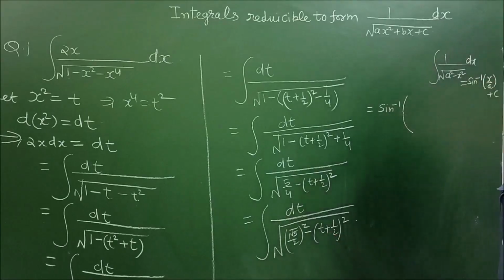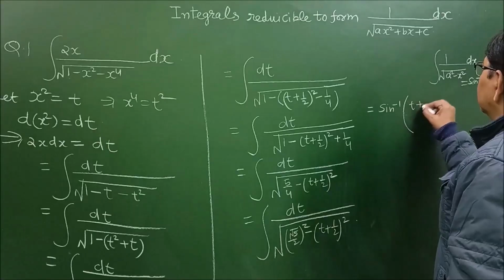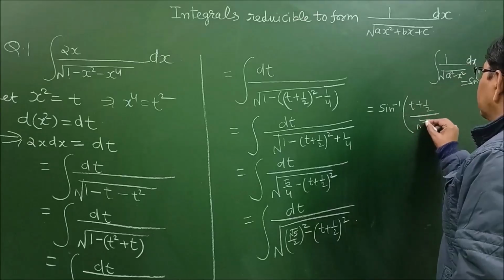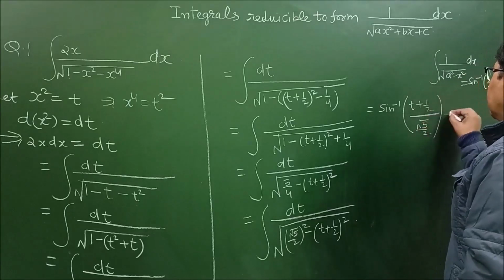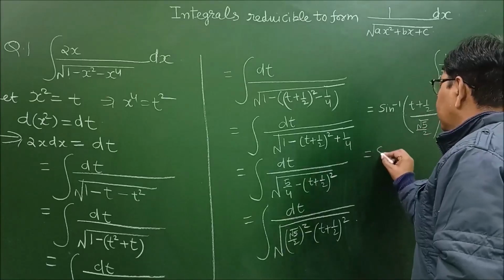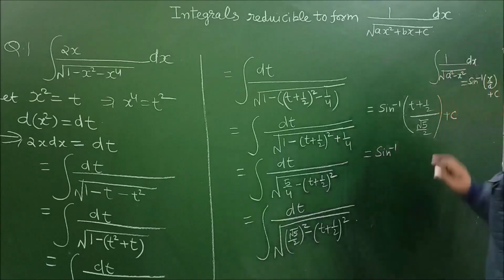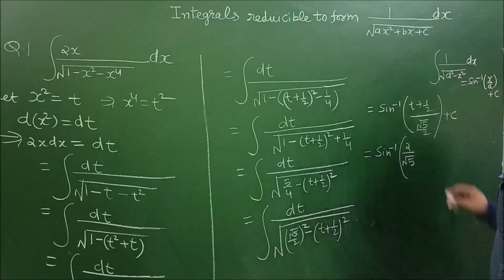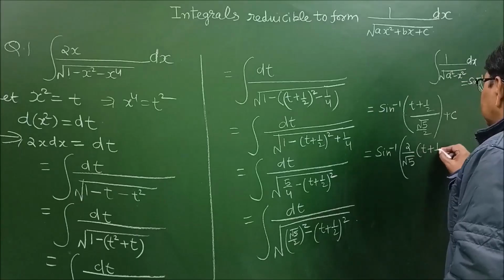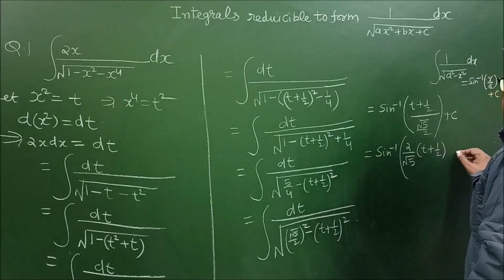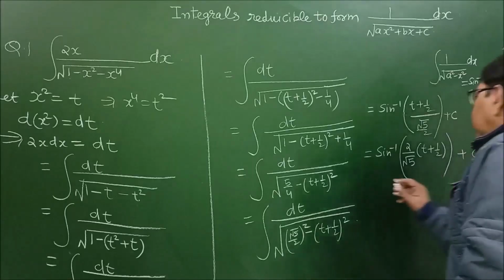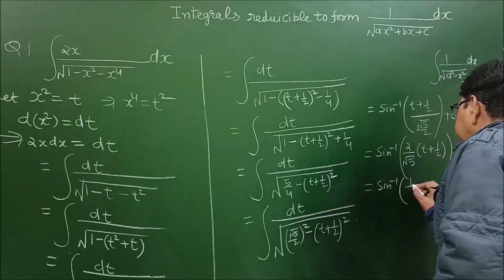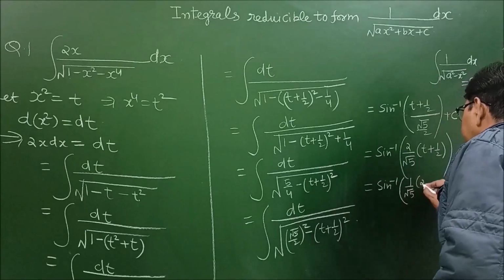t plus 1 upon 2 upon a, where a is root 5 upon 2, plus c. So this is equal to sine inverse 2 upon root 5 into (t plus 1 upon 2) plus c, or this is equal to sine inverse, multiplying by 2, 1 upon root 5 into (2t plus 1).